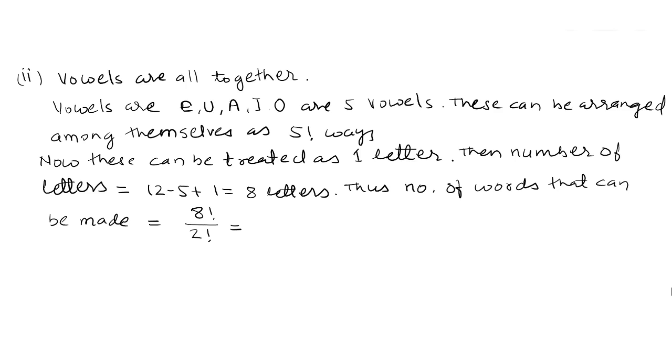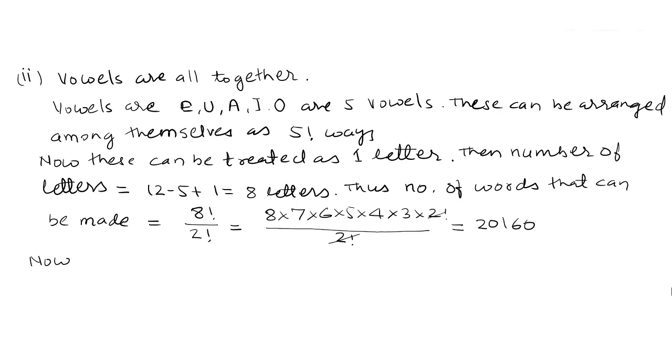Thus the number of words that can be made is 8 factorial upon 2 factorial, which is equal to 8 multiplied by 7 multiplied by 6 multiplied by 5 multiplied by 4 multiplied by 3 multiplied by 2 factorial upon 2 factorial. So the 2 factorial of the denominator is cancelled with the 2 factorial of the numerator, and this gives us 8 multiplied by 7 multiplied by 6 multiplied by 5 multiplied by 4 multiplied by 3, which is equal to 20160.